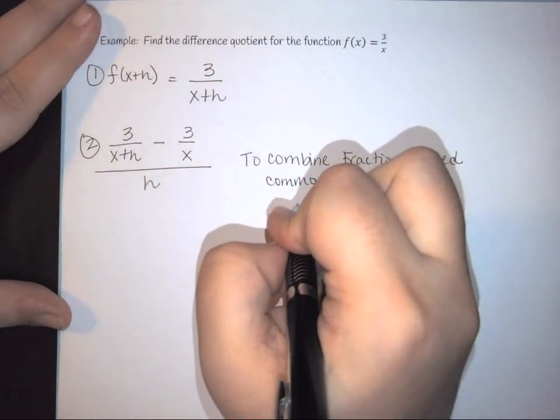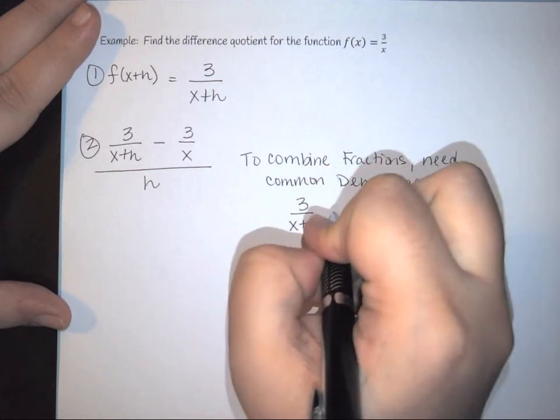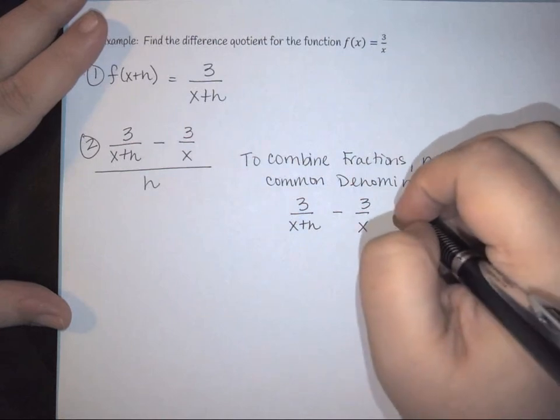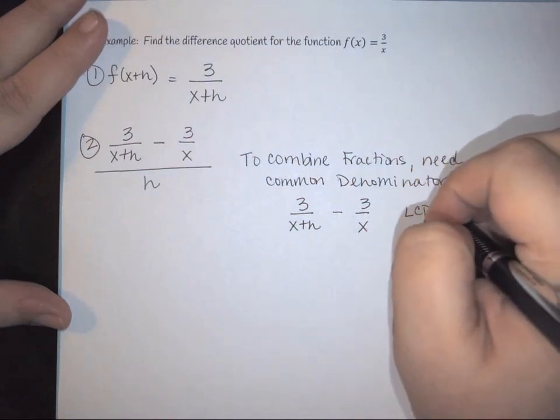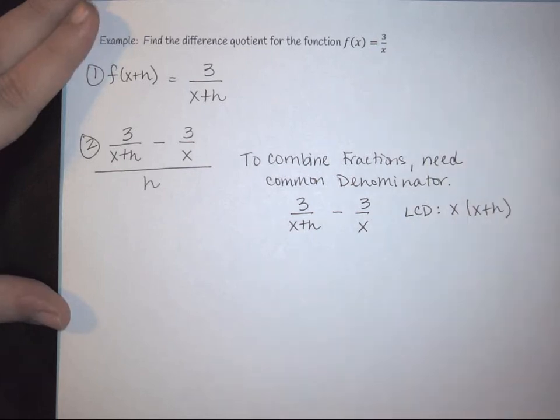So I have 3 over x plus h minus 3 over x. So here, my lowest common denominator is going to be x times the x plus h.